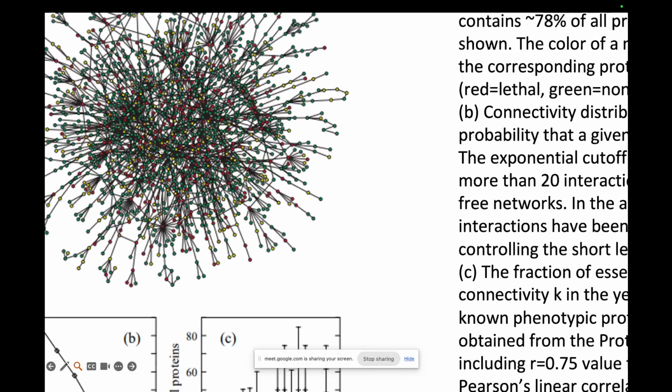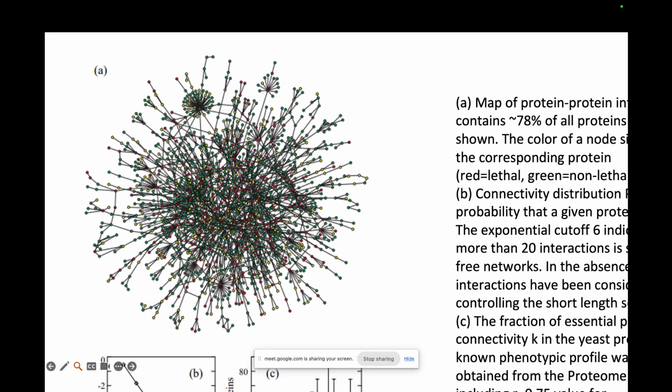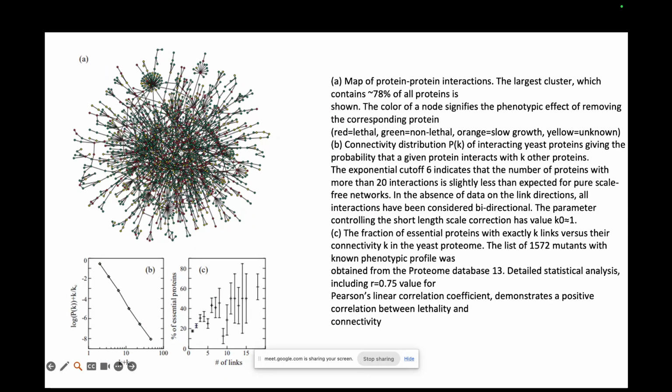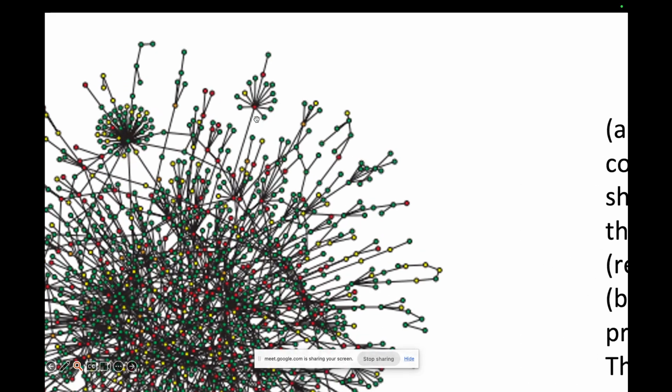For example, this particular node is red, and it is connected to so many green ones, so most probably this node will be lethal if you remove it.